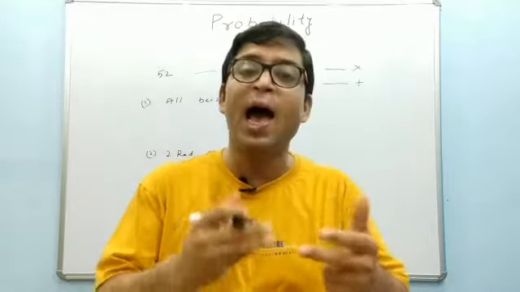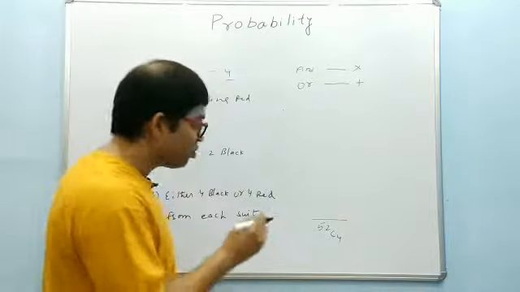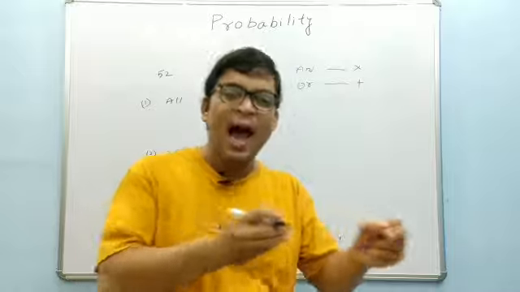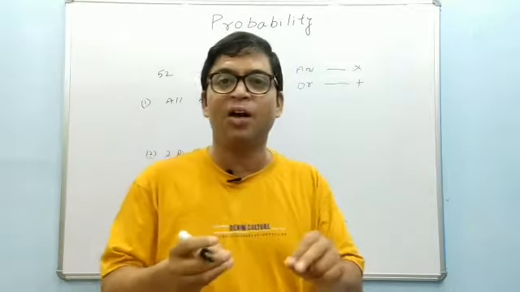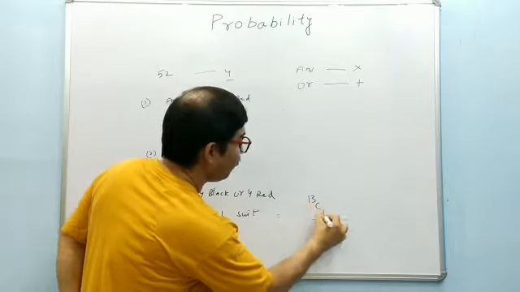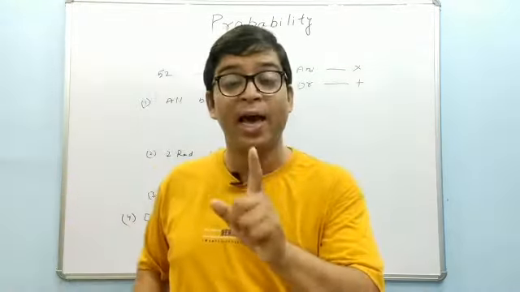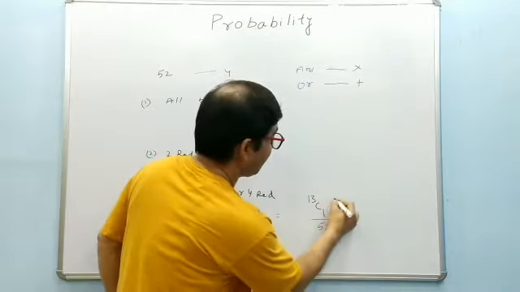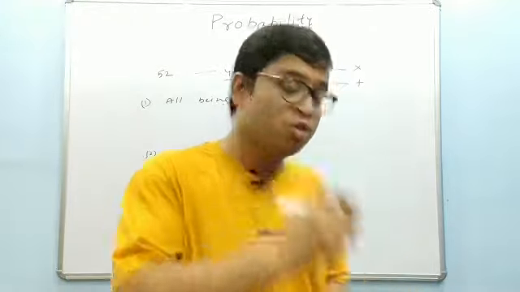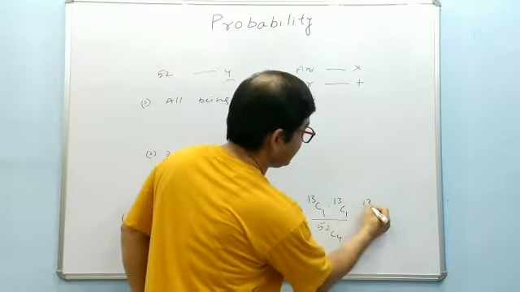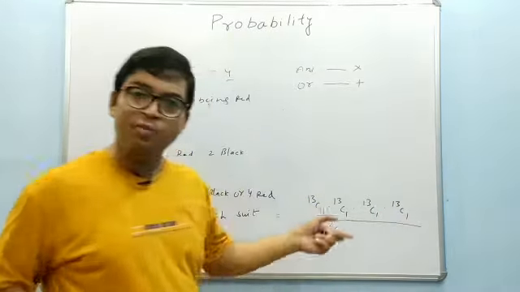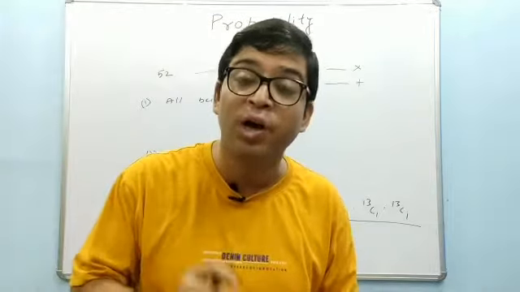From each suit we have to take out 1 card. So it will be translated like this: first card from one suit, and second card from another suit, and third card from another like this. So 13C1, work is not complete because 1 card has been selected, into 13C1, another card from the second suit, into 13C1 into 13C1. So that is the favorable outcome by total outcome.